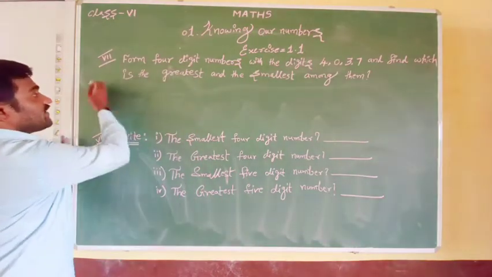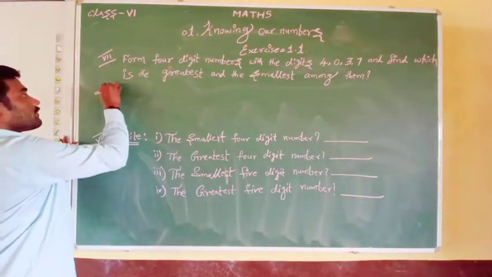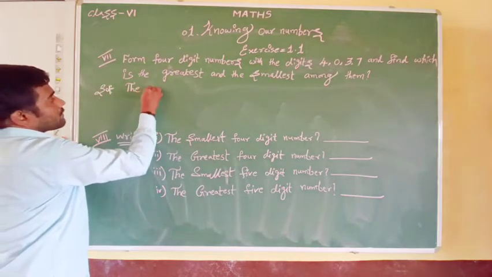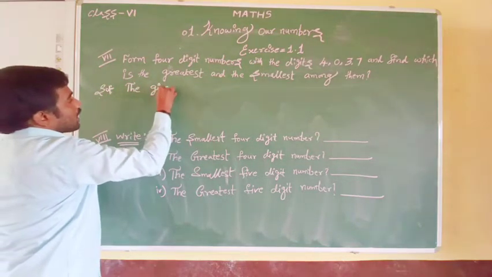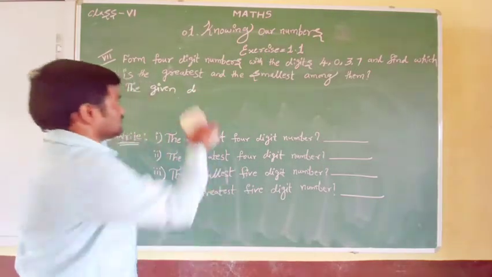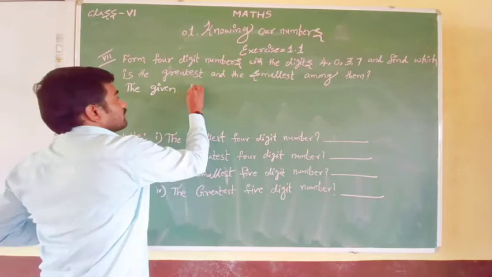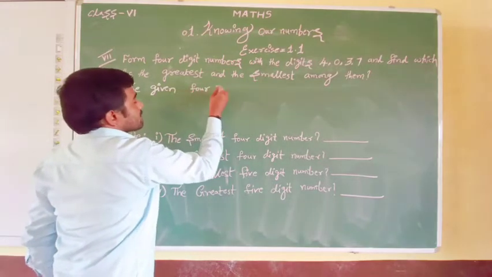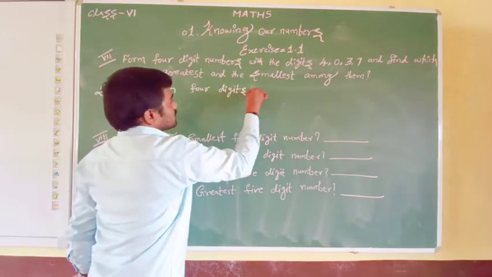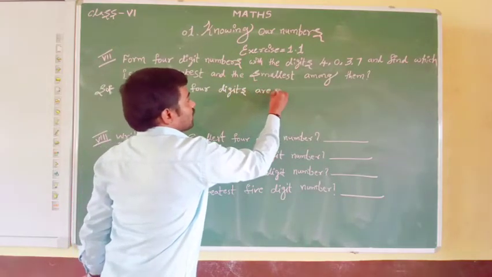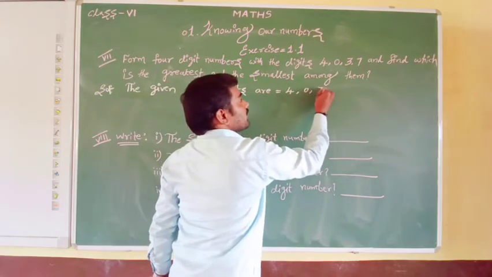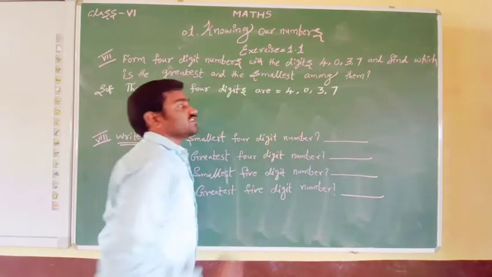Let me write the given digits. Given 4 digits. Let us write here. What are the 4 digits here? 4, 0, 3, 7. These are the 4 digits.